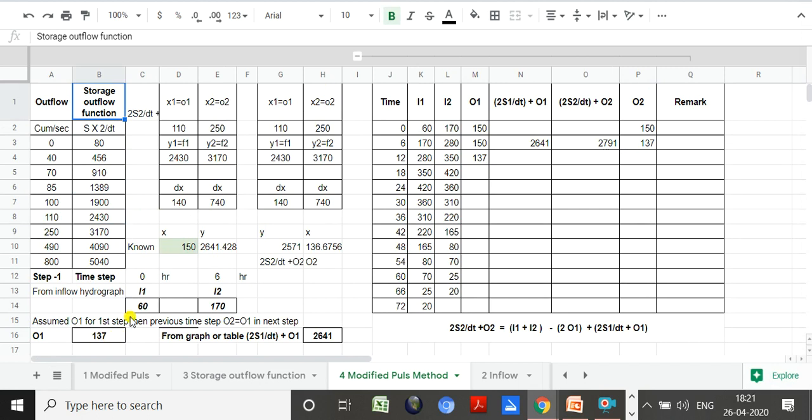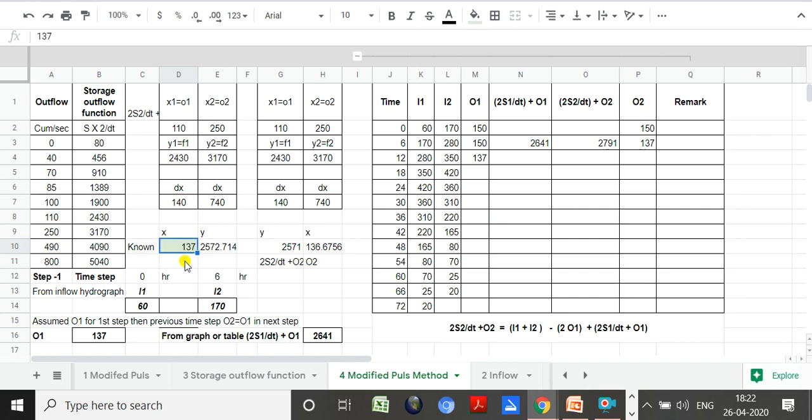This 137 is in between 110 and 250, so we can continue with the same values, 110 and 250.